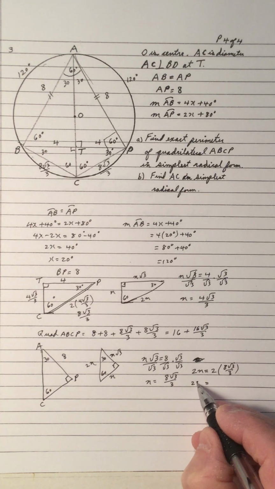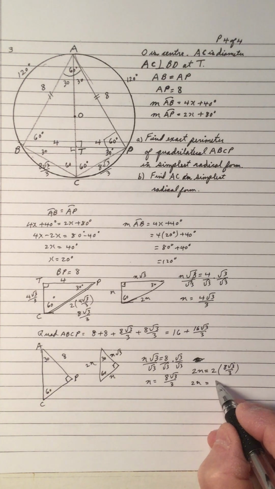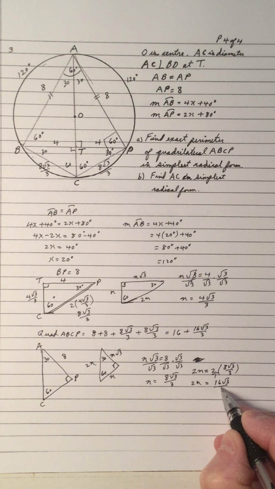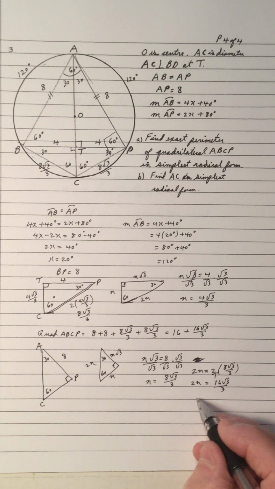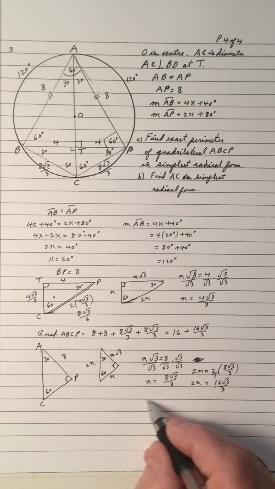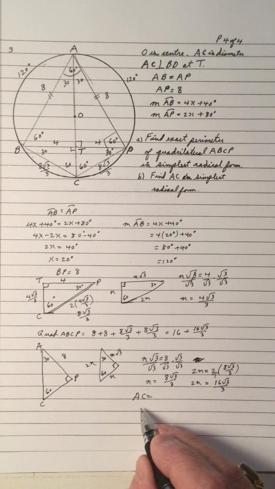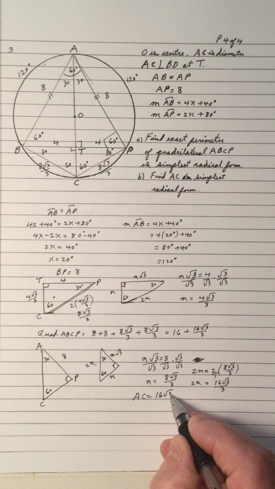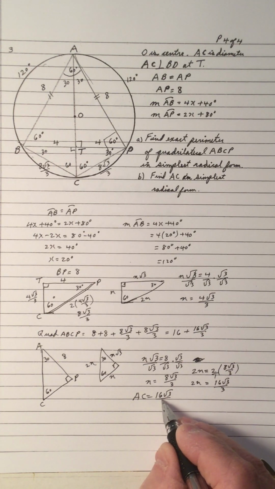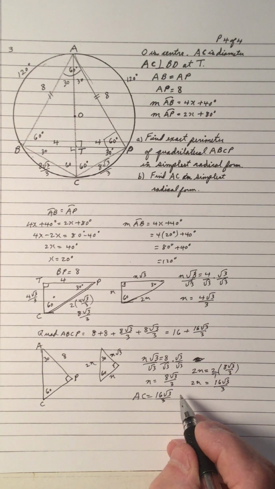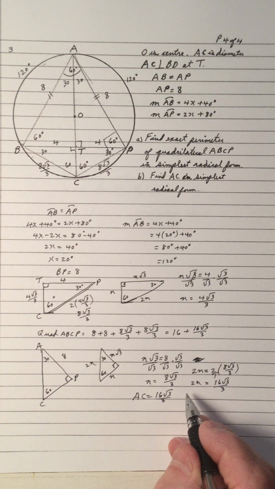So 2N is equal to 2 over 1, so that's 16 root 3 over 3. And so AC is 16 root 3 over 3.